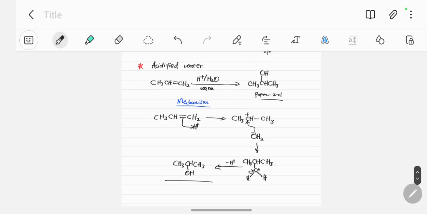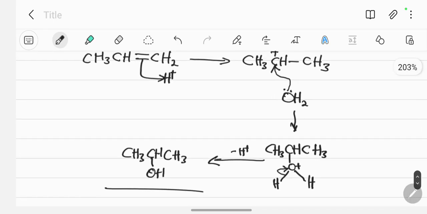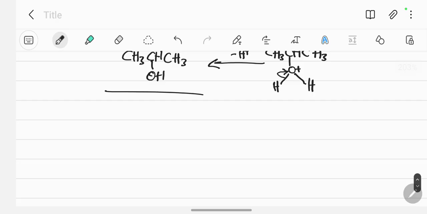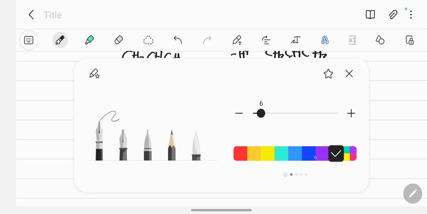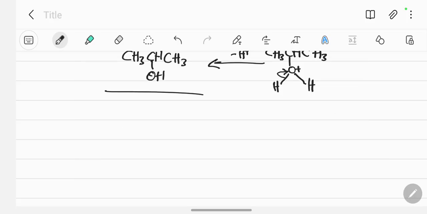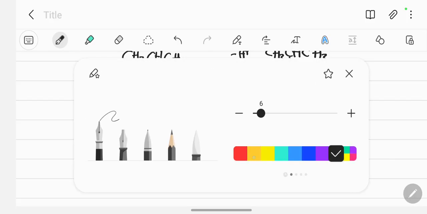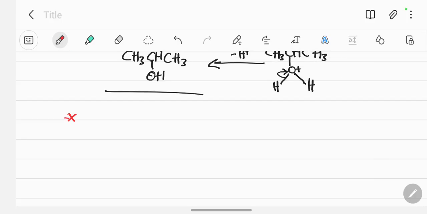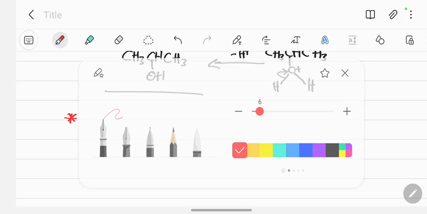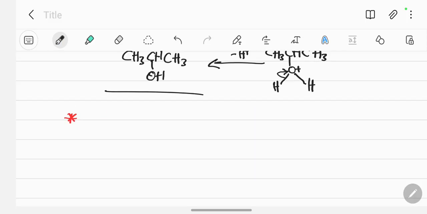Then we have reactions with alkaline potassium manganate 7 solution, reaction with alkaline potassium permanganate.